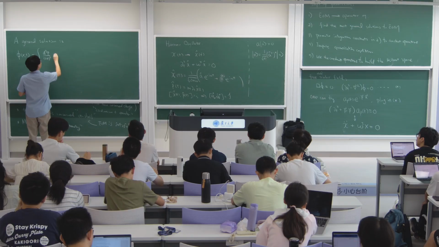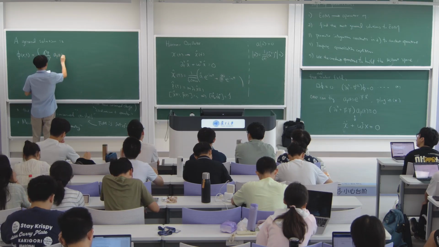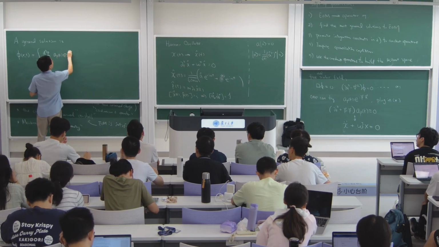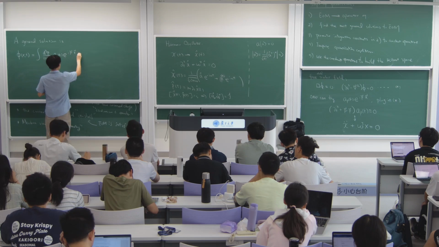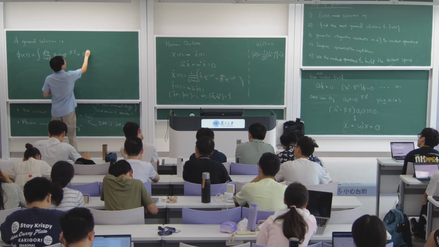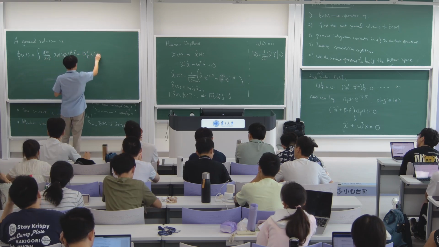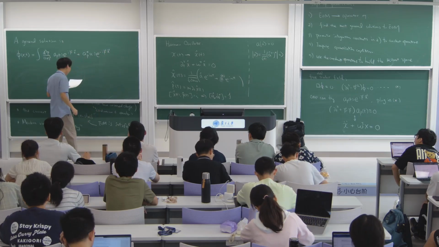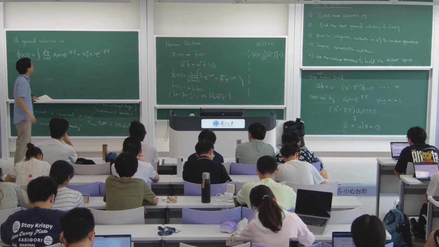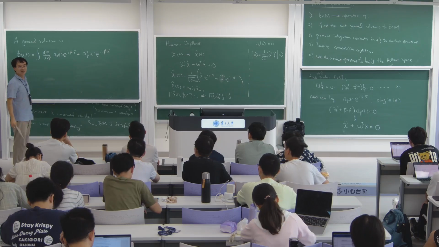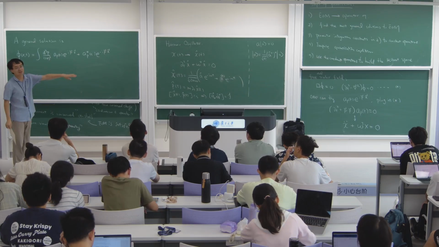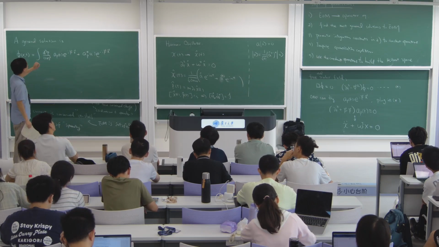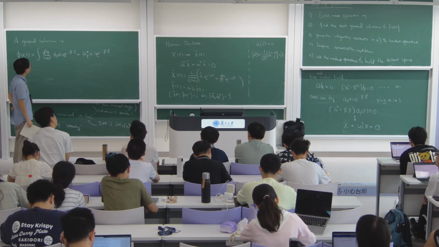So I realize that A(p) e to the i p x plus A star (p) e to the minus i p x is still the solution. The previous one is just some piece. Now I write this most general form.